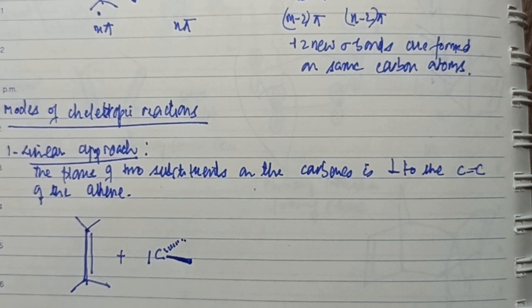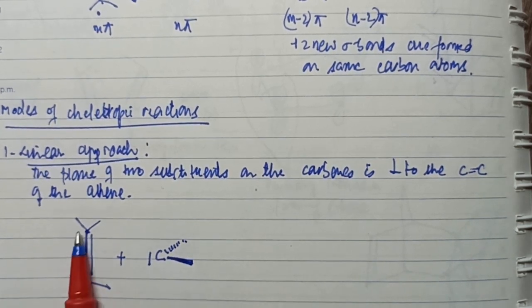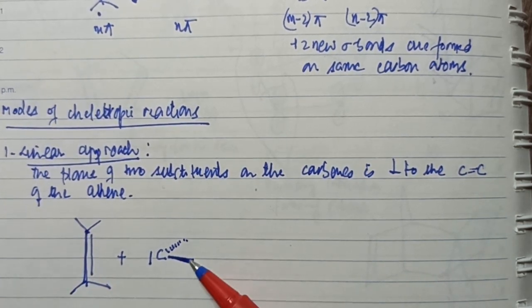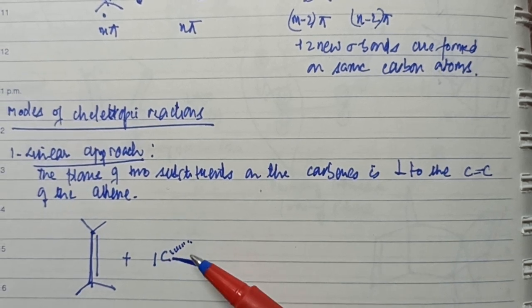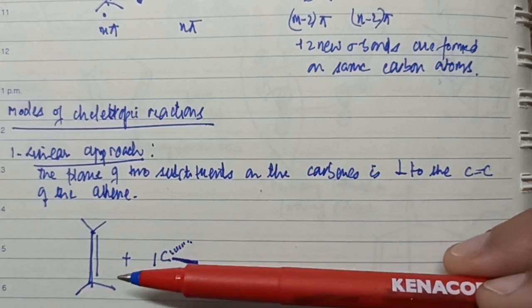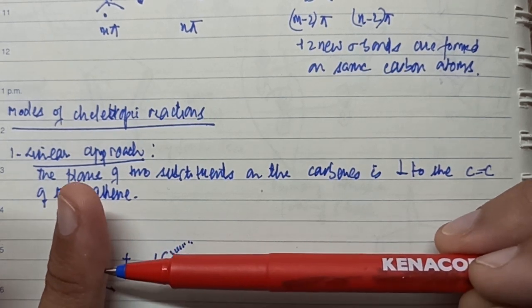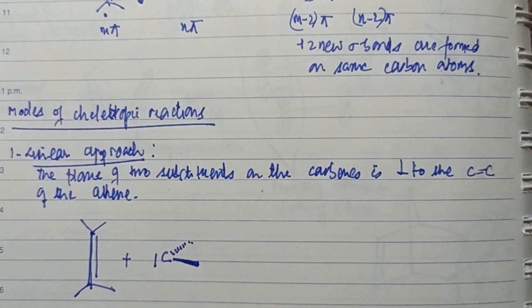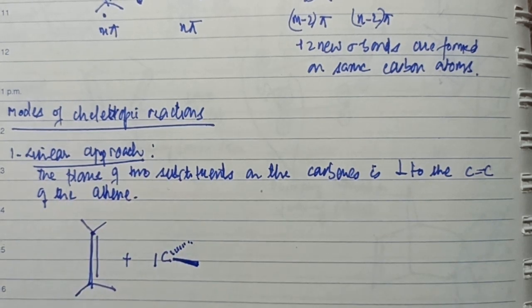What I'm trying to say is that this is the plane of the carbon-carbon bond of the alkene. This group is above the plane, this group is below the plane. That means the plane is something like this, and these two planes are perpendicular to one another. If that is the case, then we say this kind of approach is a linear approach.